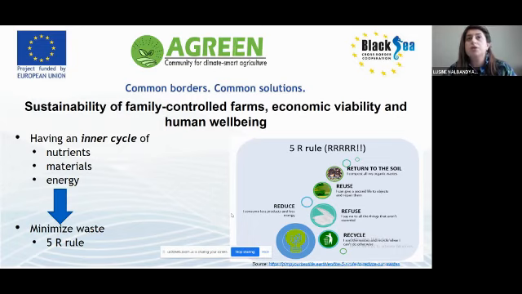The nutrients which the plants and crops take away from the soil with the yield and harvest, we are obliged to give back to the soil in order to keep the soil fertility in balance. So this is a very important part of it, to minimize waste and to keep the system sustainable by following the 5R rules.